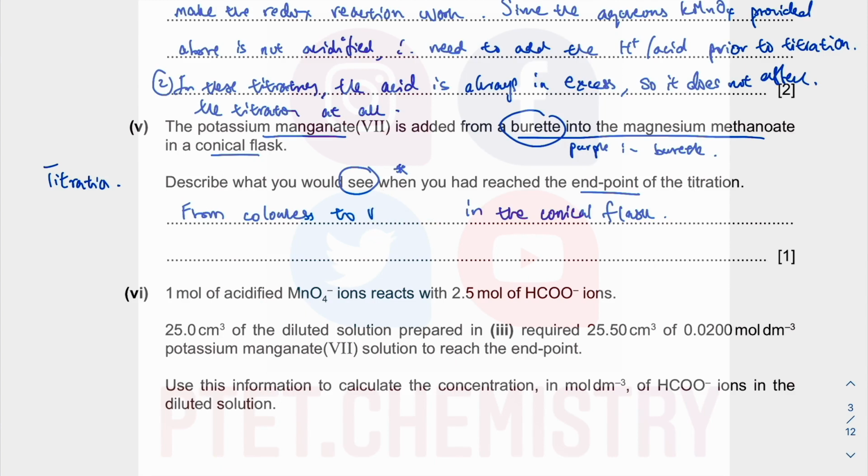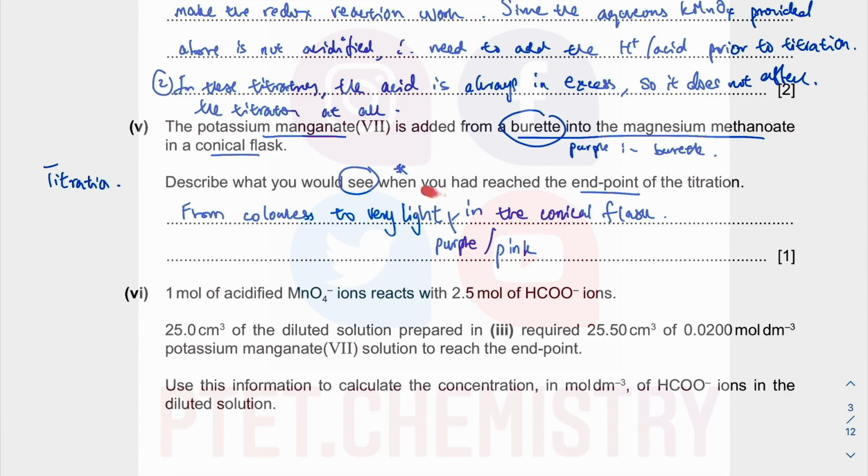Okay, very light purple or pink. The pink is not necessarily the Mn2+, because you will have a lot of Mn2+, which is mostly colorless or very faint pink, but what you will see is that it will become a bit darker, because now you have that one extra drop of the KMnO4 that hasn't gone to the Mn2+.